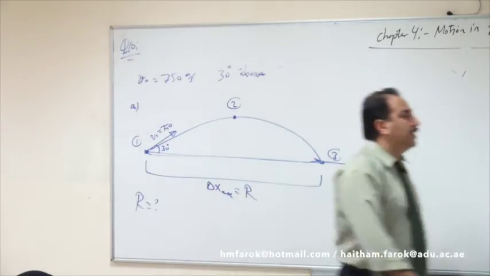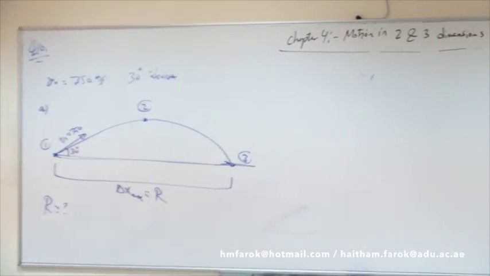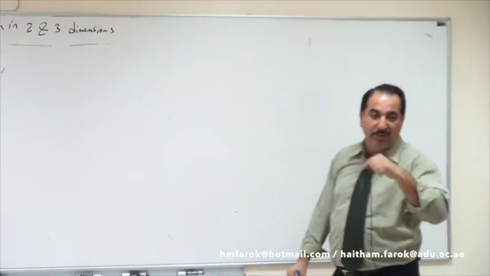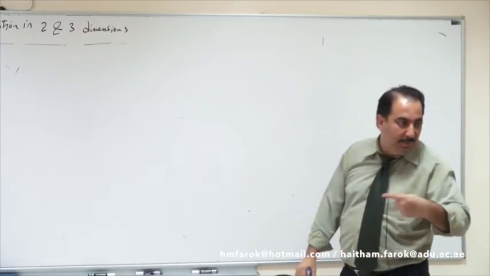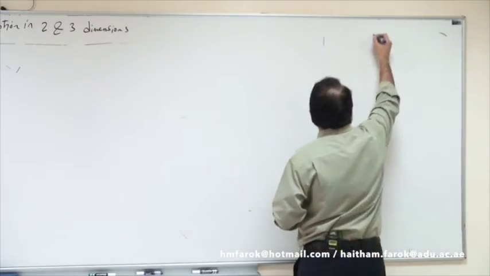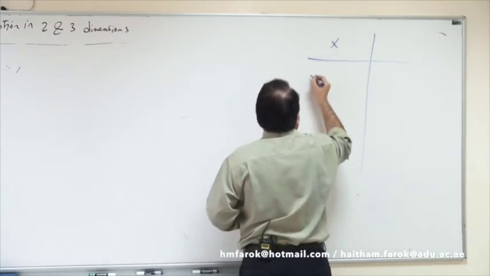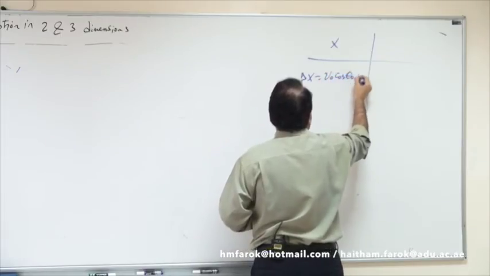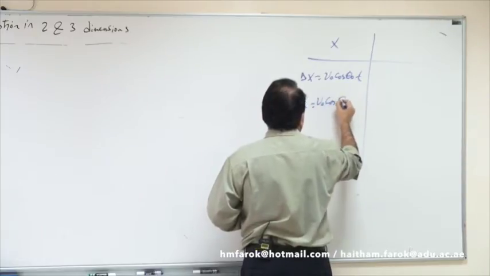Okay, how do you solve any question in projectile? You create a table, but not exactly similar to what we did. In this table, you just put the horizontal and vertical equations, what I showed you at the beginning of the class. So I have delta X equals V naught cosine theta naught multiplied by T, and Vx equals V naught cosine theta naught.